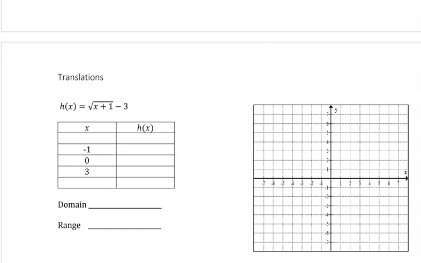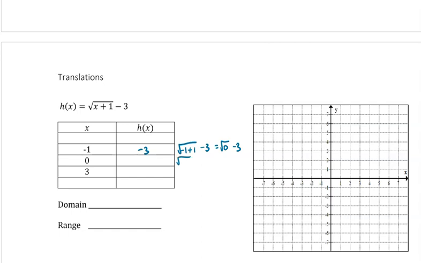Again, I gave you a few x values, so these are going to be the ones that we plug in. So we have the square root of negative 1 plus 1 minus 3, which is the square root of 0 minus 3. So that's just 0 minus 3, which is negative 3.